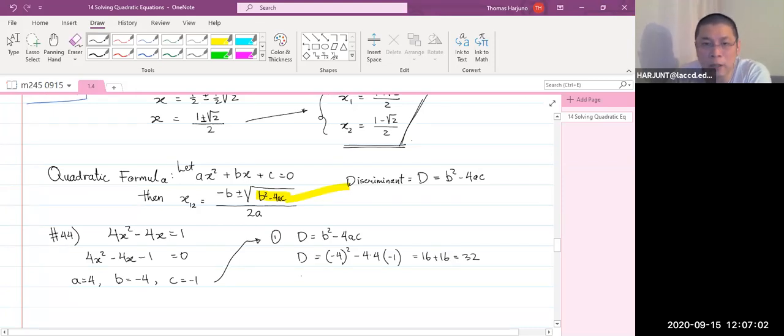Okay, now the square root of D is the square root of 32. That is 4 square root of 2, from 16 times 2.